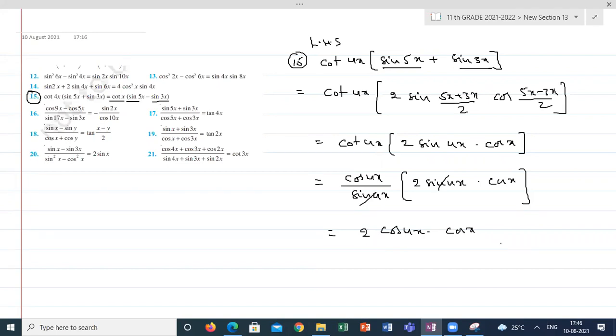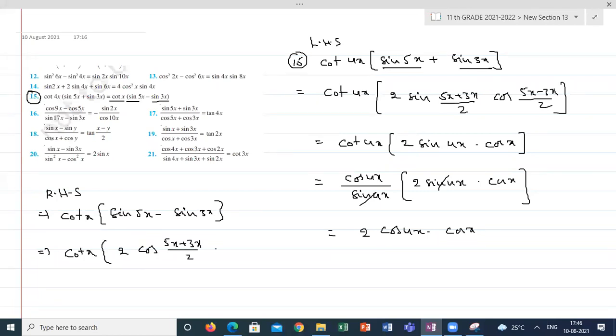So keep the LHS statement like this and take RHS. What is RHS? Cot x into sin 5x minus sin 3x. Here you can apply the sin c minus sin d formula. What is the value of sin c minus sin d? 2 cos of (5x plus 3x) by 2 sin of (5x minus 3x) by 2.